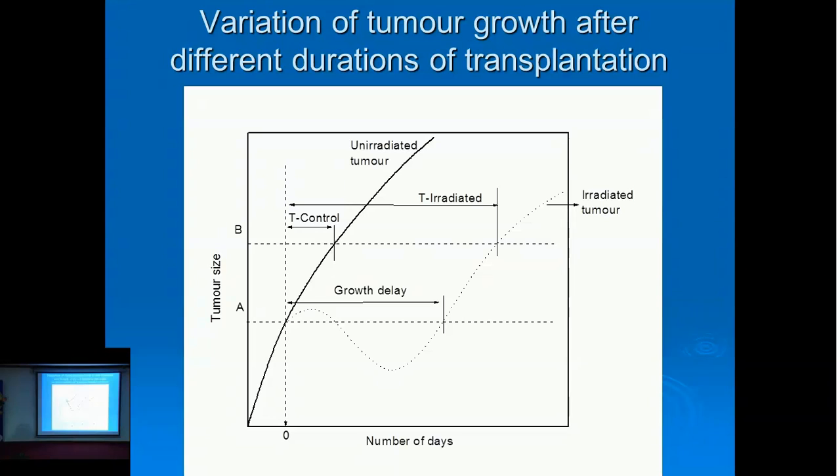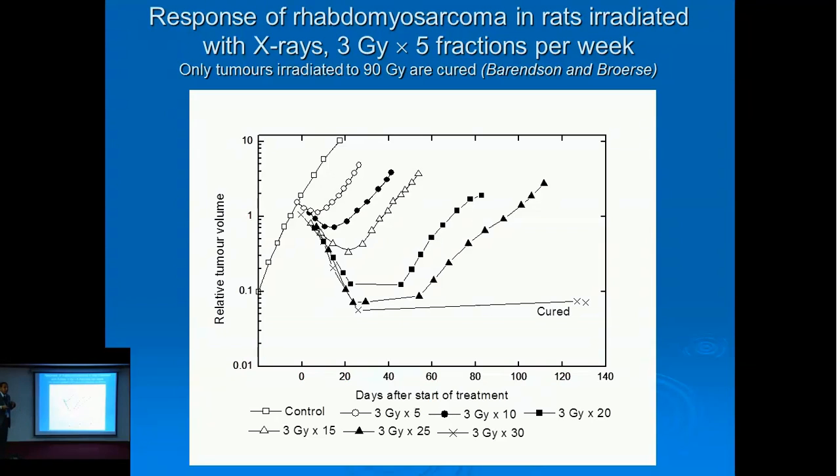This is a historical slide, the experiments of Professor G.W. Barendsen. In fact, he was the first person who taught me clinical radiobiology. He was my teacher. Rhabdomyosarcoma transplanted tumors were exposed here to various doses of 3 gray fractions: 5 fractions, 10 fractions, 15 fractions, like that, and ultimately he had to give 30 fractions.